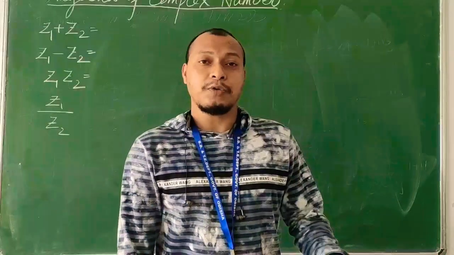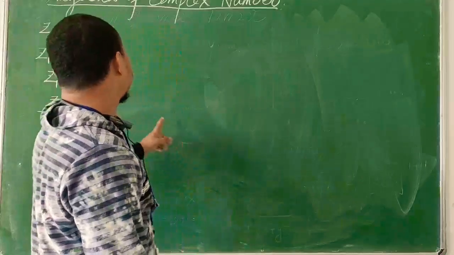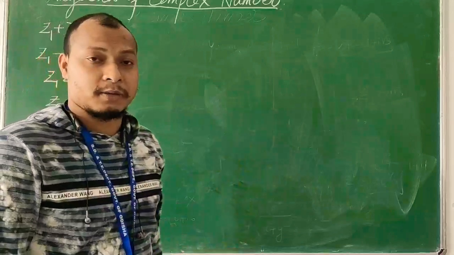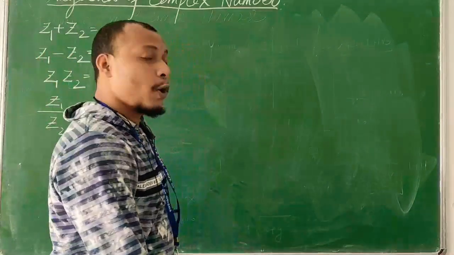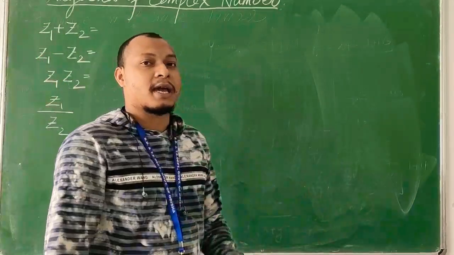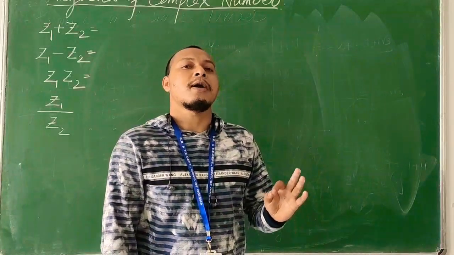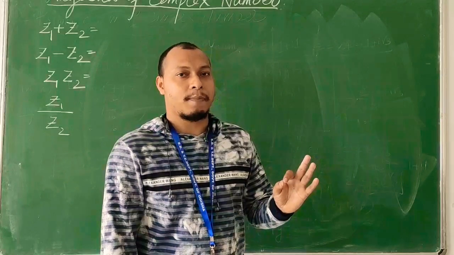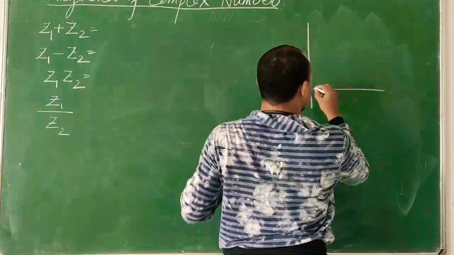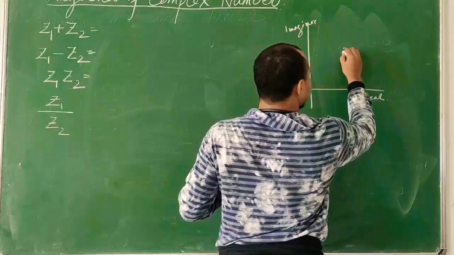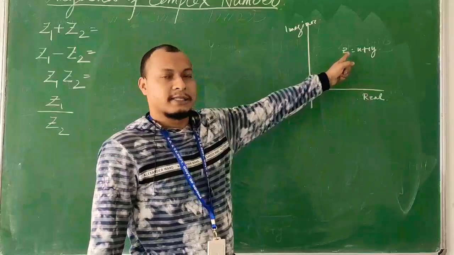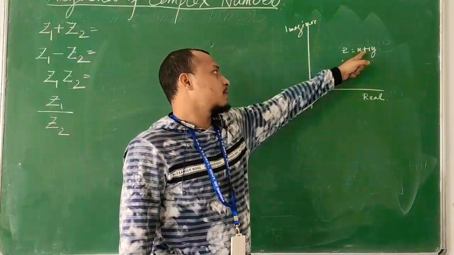So today we are going to learn about the algebra of the complex number system. We know that a complex number Z can be represented with a real part and an imaginary part. So Z we can write as x plus iy.